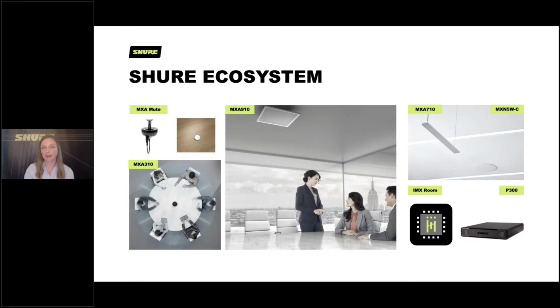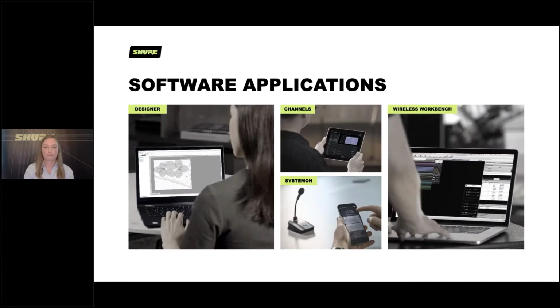And last but not least, I can't forget the MXA Mute, which we also introduced earlier in June. The MXA Mute is a great way to add a mute button to the table so that you can mute your ceiling microphone, for example. So really, this is truly a complete end-to-end audio solution for meetings and for collaboration, and really excited to talk about these products here today.